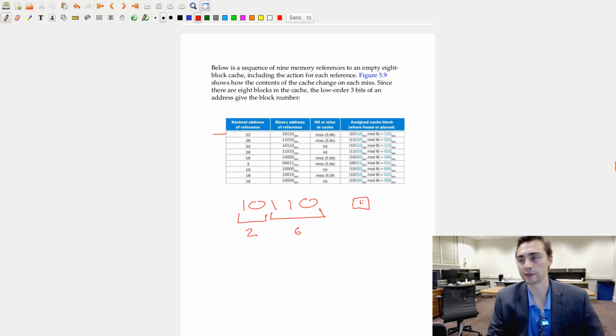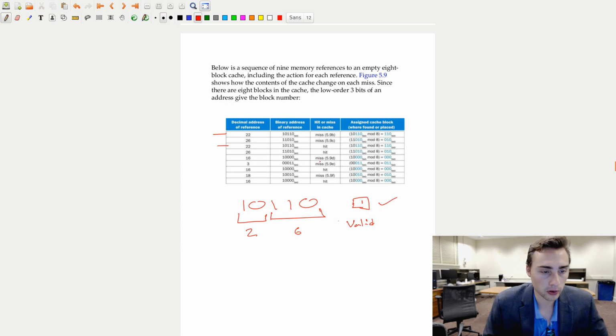Initially the valid bit is 0, so when we first access it, it's a miss. Then after we load this value in, the valid bit is going to be set to a 1. Now when we access it again in this third access, we're going to hit this time because the valid bit is now 1.